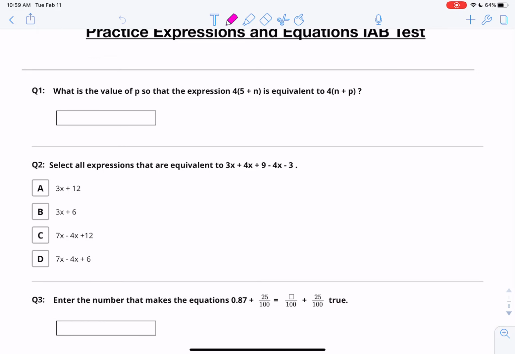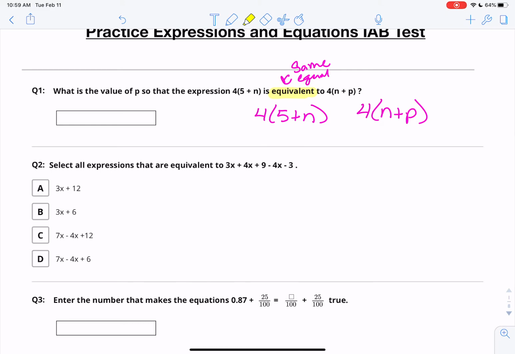What is the value of p so that the expression 4 times (5 plus n) is equivalent to 4 times (n plus p)? So the first thing we need to realize is that equivalent means the same or equal. So they want to make 4 times (5 plus n) equal to 4 times (n plus p).